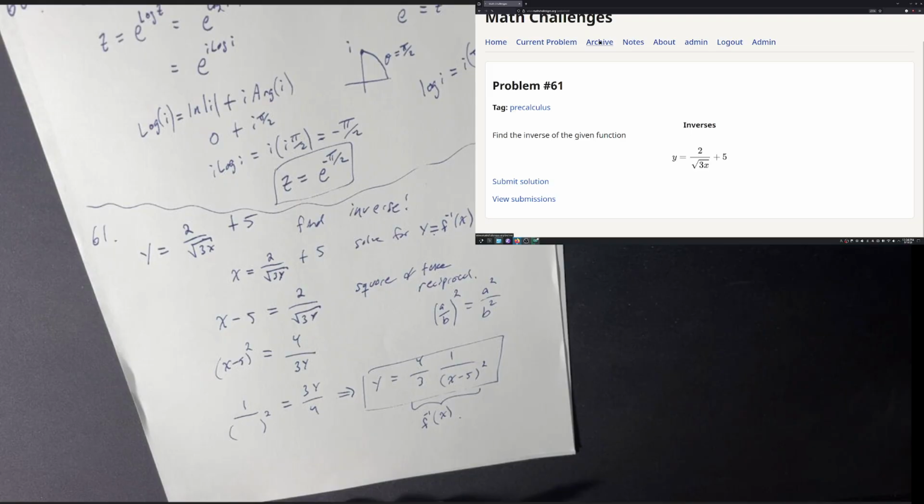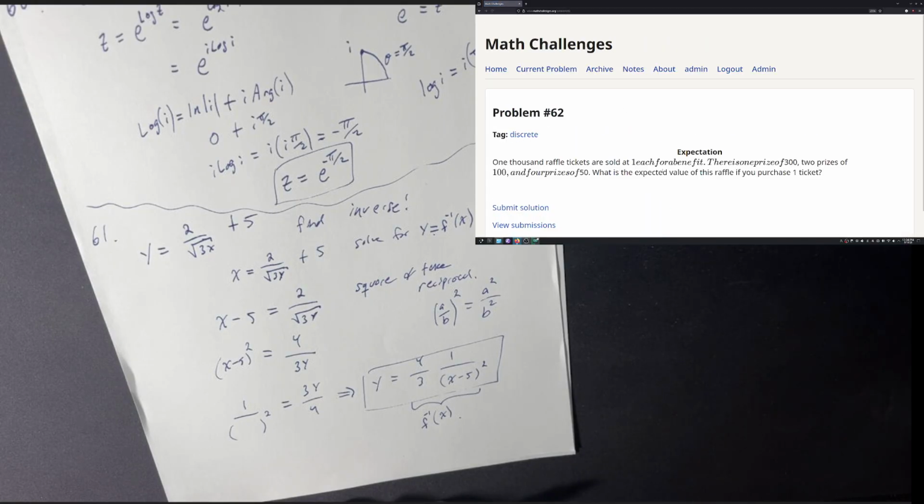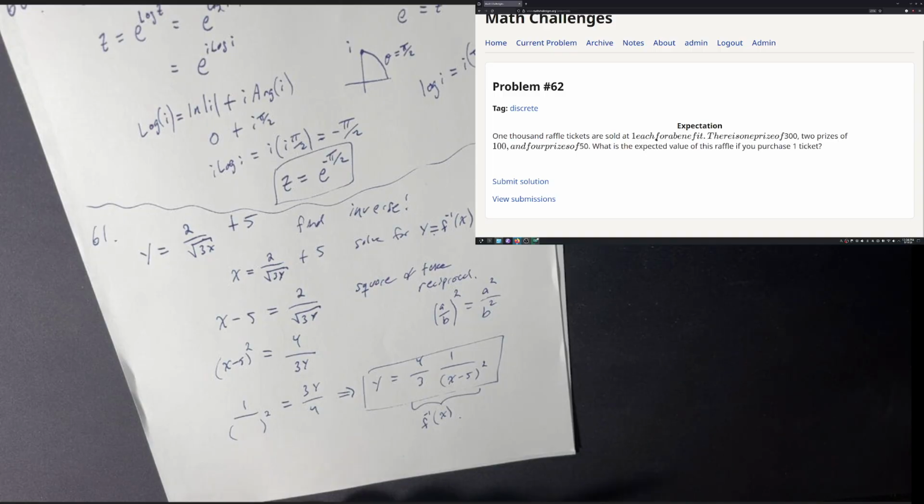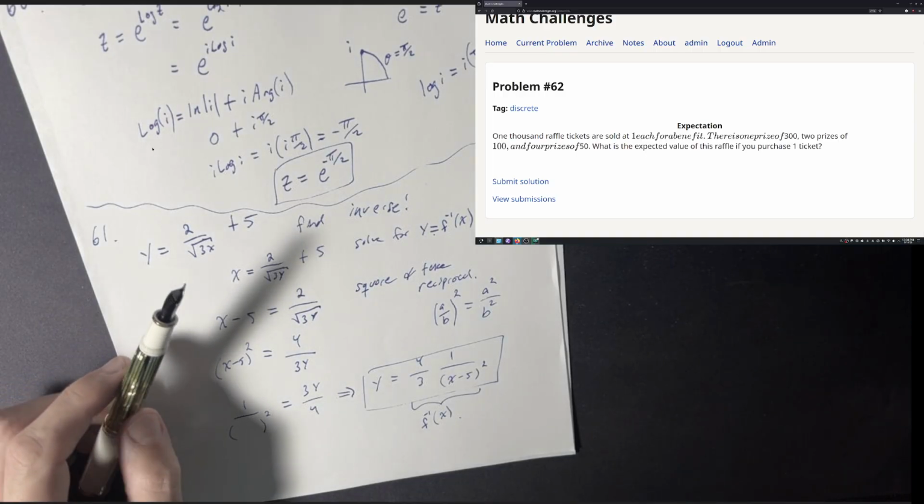Let's move on to 62. I'll have to update this. I'll zoom in a bit so you can read this.